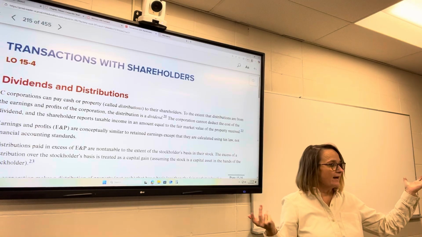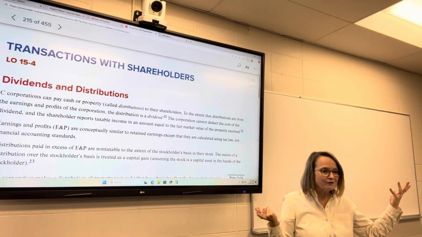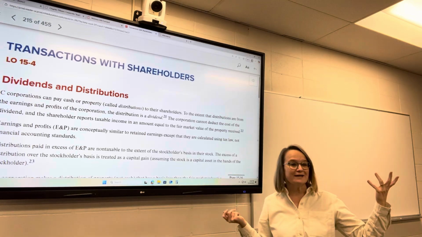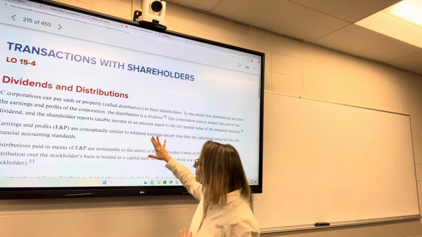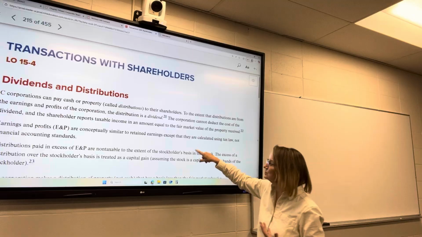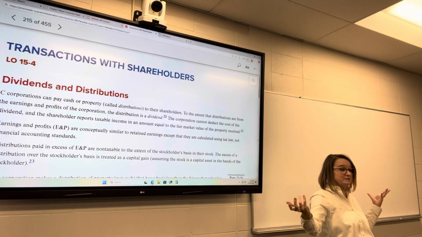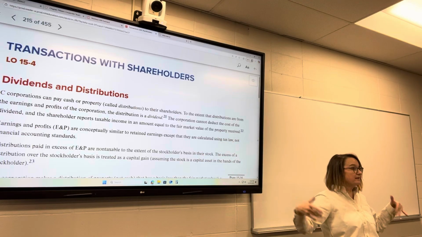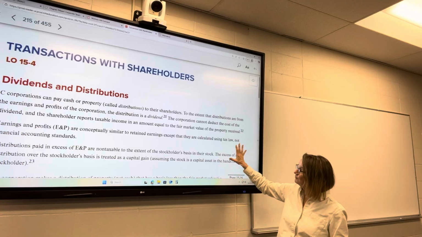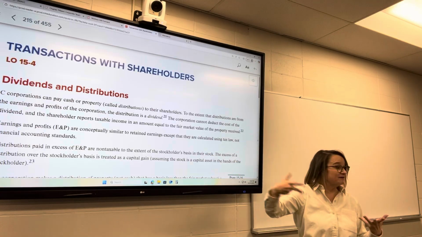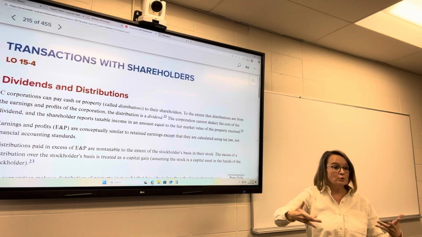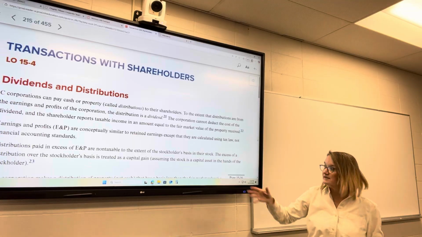You want to look out for that, because it means they're not generating enough cash to pay out these dividends. But if it's from the earnings and profits, which is conceptually similar to retained earnings, so they've earned the funds, then you get the benefit of the lowered tax rate for a qualified dividend.